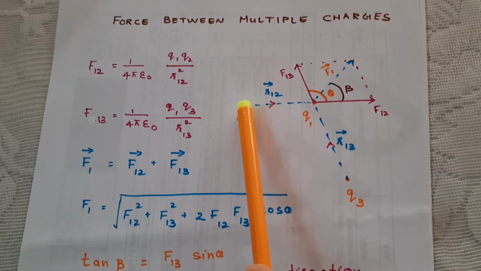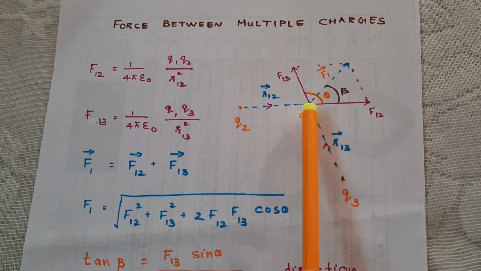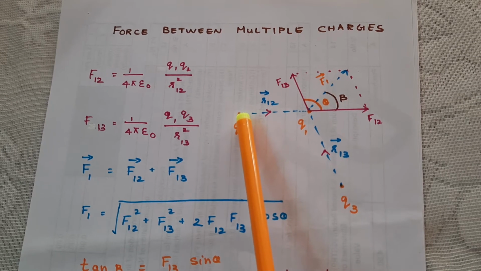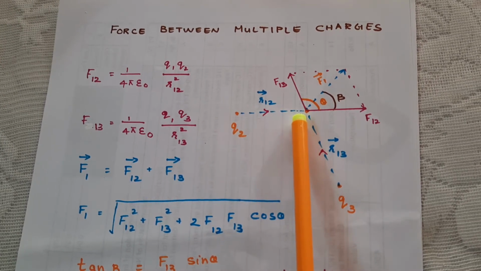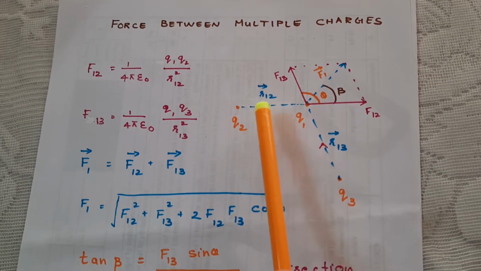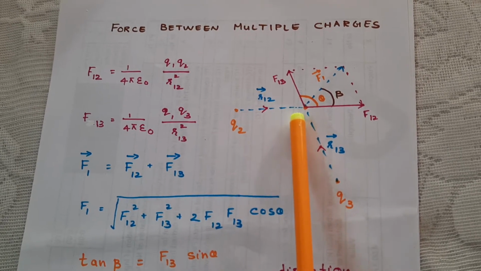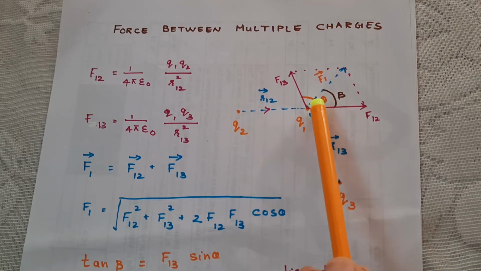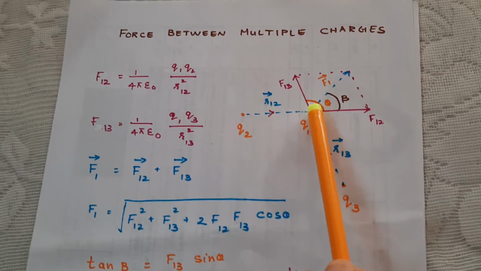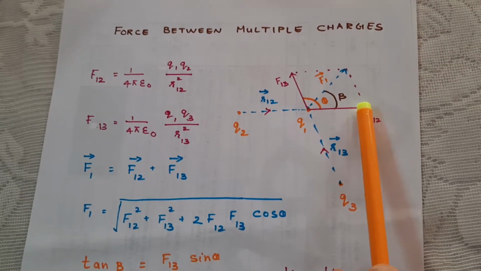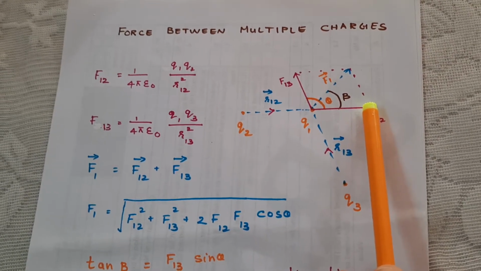R12 is the separation between Q1 and Q2 and the direction is from Q2 to Q1. Both are like charges, so the force is repulsive. So F12 acts along the line joining the two charges and away from Q2.